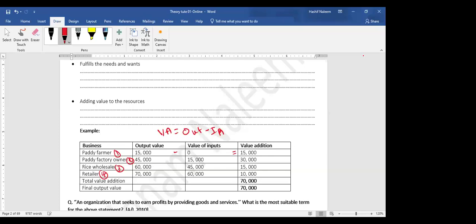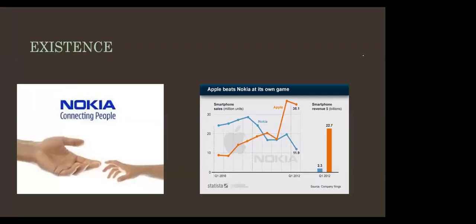Next, the paddy farmer has paddy worth 15,000, and he will give it to the factory owner. The factory owner will purchase that paddy for 15,000 and sell it for 45,000. So how much is the value addition he made?